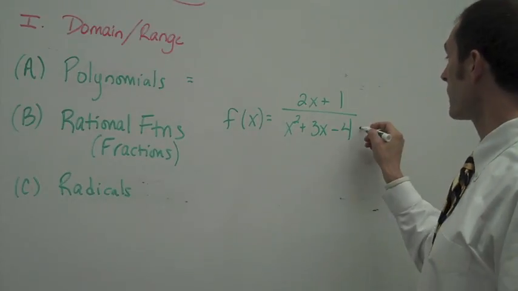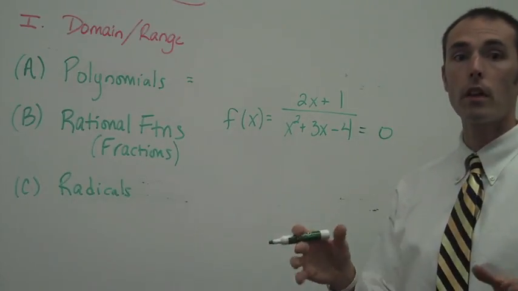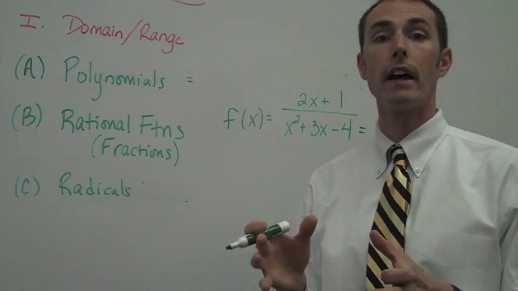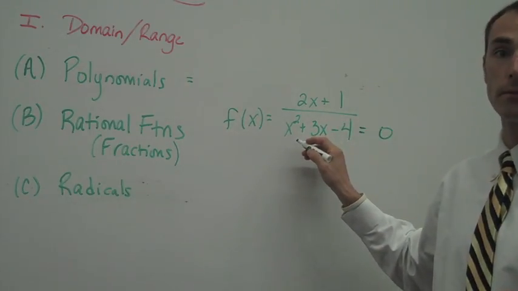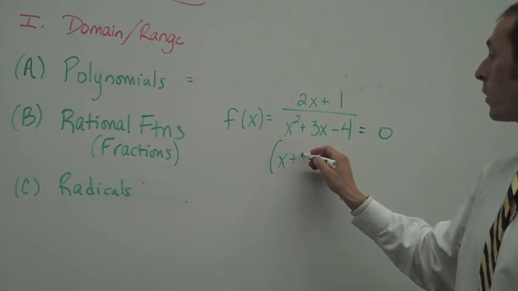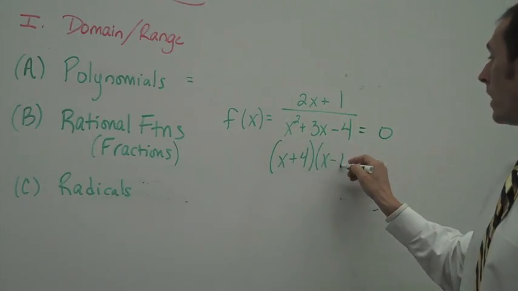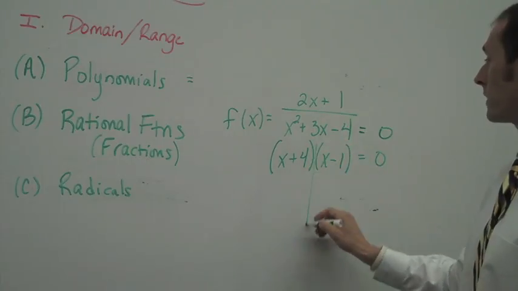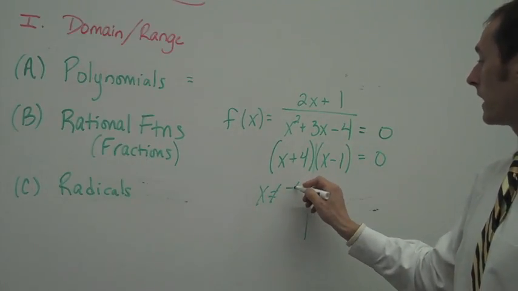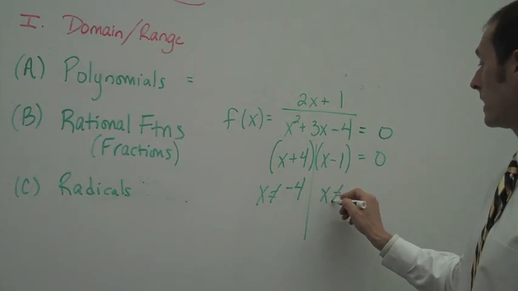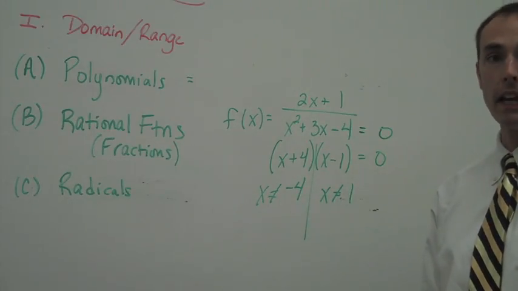So we have to set that denominator equal to 0 and find out what values of x we can't use. In doing this particular one, we're going to have to factor. So we factor into (x plus 4)(x minus 1), and we solve each piece of that. What we find out is x can't be negative 4, and x can't be 1. Those are the 2 numbers we can't have.